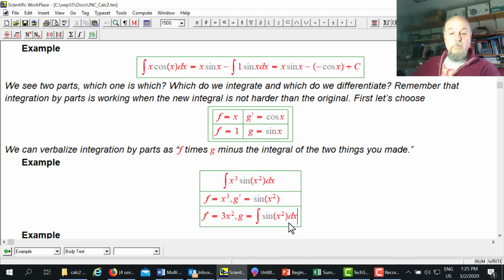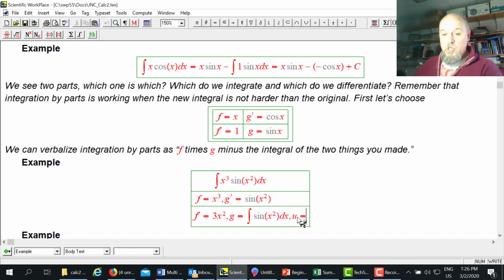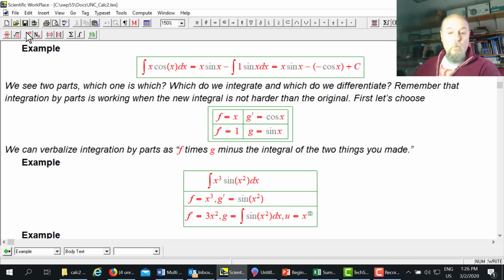That's my problem. I would like to do u substitution where I let u equal x squared, but I'm missing an x on the front here. We don't have to write this down, but to solve this integral I would let u equal x squared.